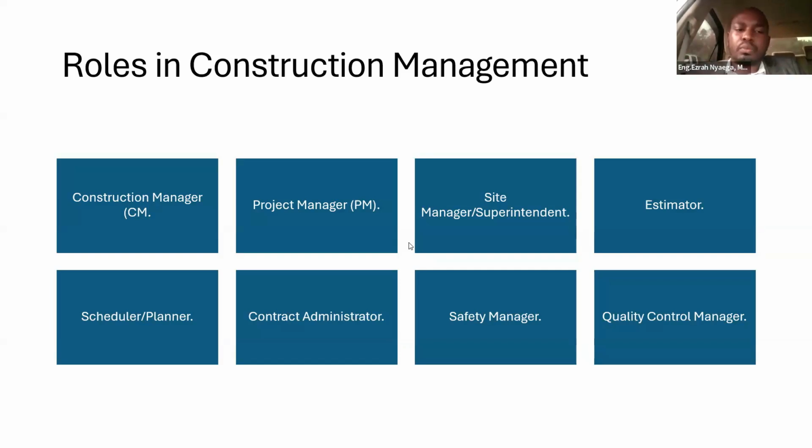But when you talk about the project manager, you have a single infrastructure project that you are undertaking, and most of your focus is on the scope of the project, the schedule, and the budget, ensuring that it is completed within the prescribed aspects.